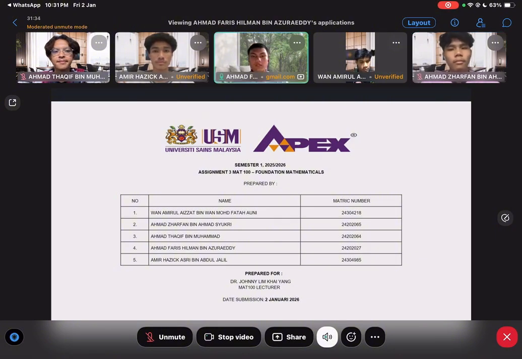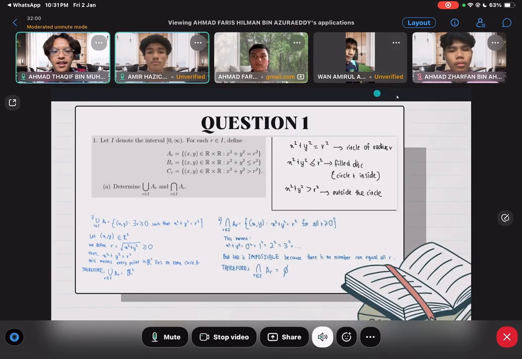Let's answer question 1 first. Determine the union over r in I of A_r, where A_r is the set of (x, y) such that x squared plus y squared equals r squared, for every r greater than or equal to 0. Let (x, y) be in R squared.